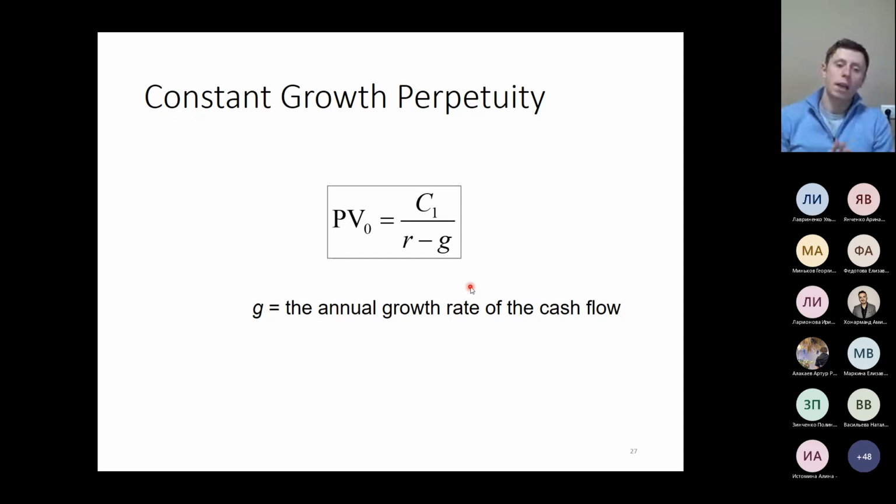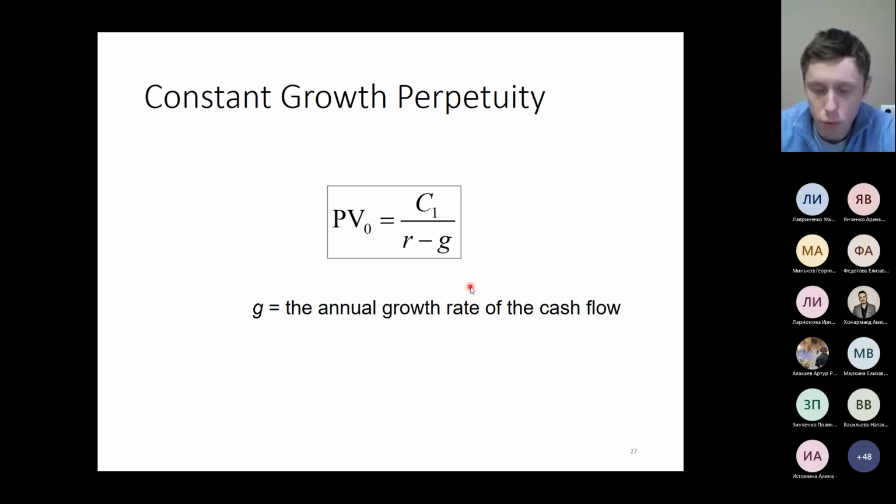At the stage where we move into infinite estimation, when we apply perpetuity, the growth rate should not be too high, because nothing can grow very fast forever. There are natural limitations for that. This is the formula, and in your books the logic is exactly the same.